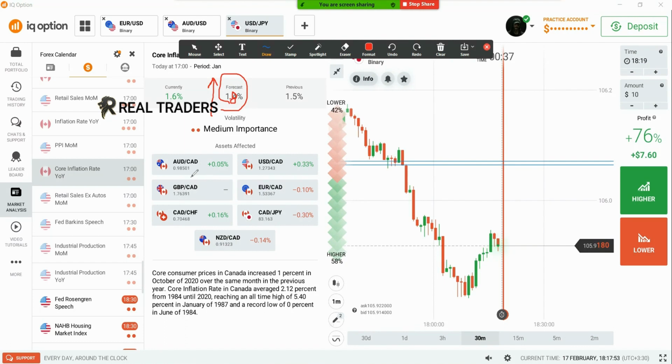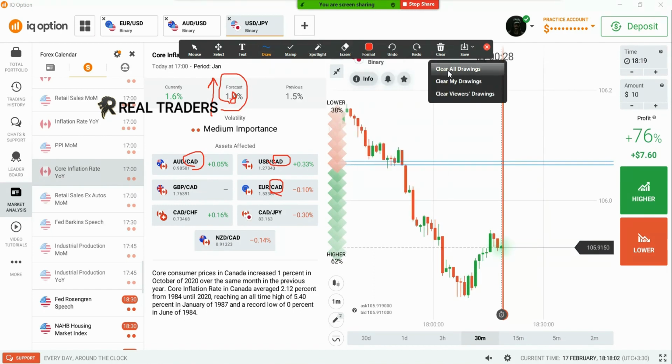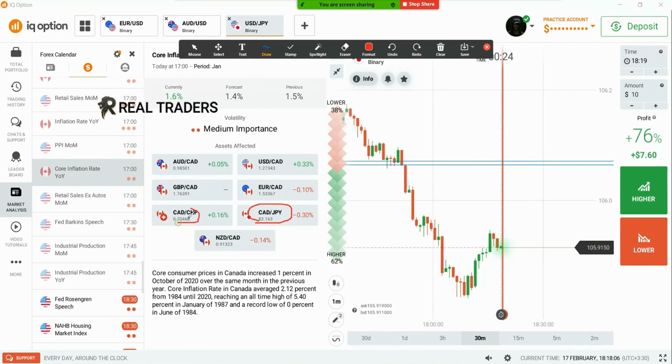So the CAD will go higher. In the pairs where CAD is the major currency, it will go higher. But when the CAD is in second place, it will fall down. So this is opposite, and you always need to check and understand this.